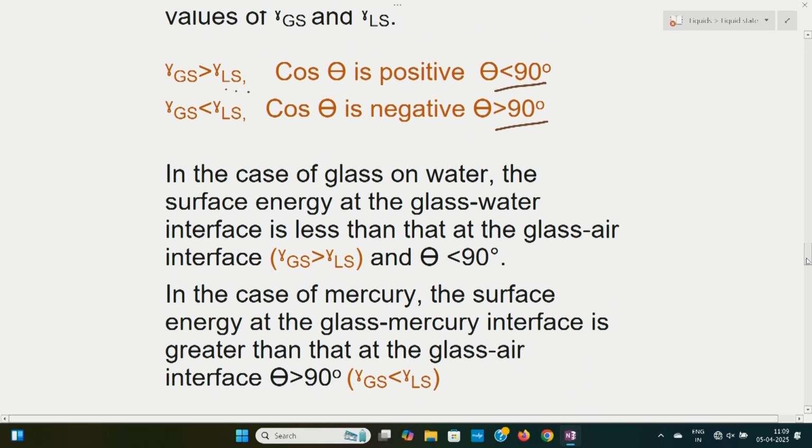This is the case when there is water on glass. The surface energy at the glass-water interface is less than that at the glass-air interface.